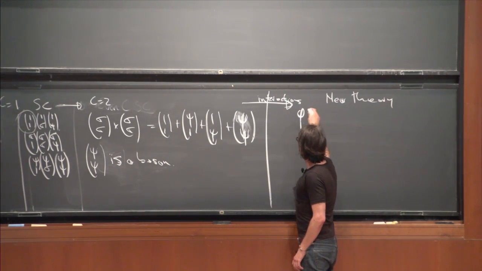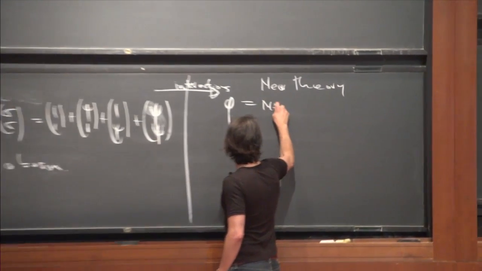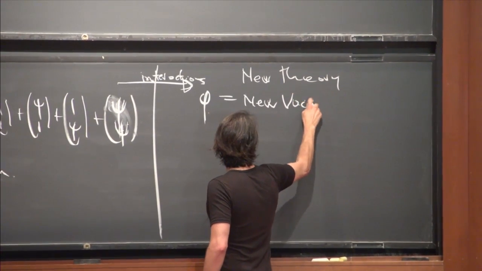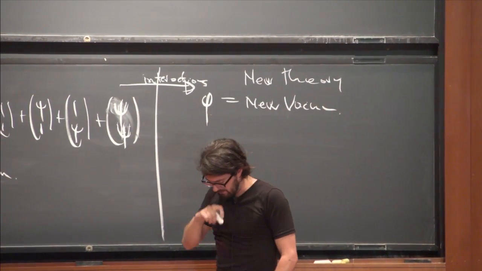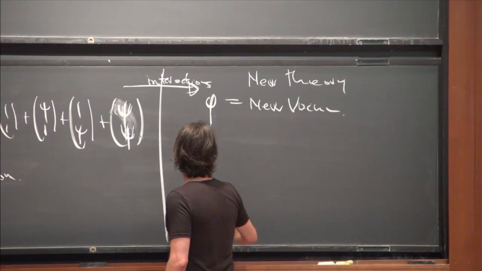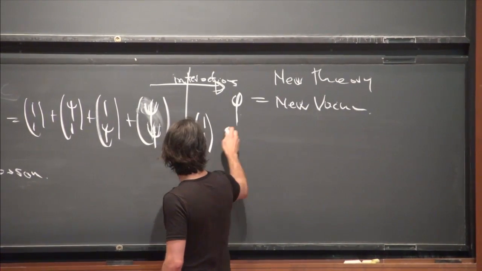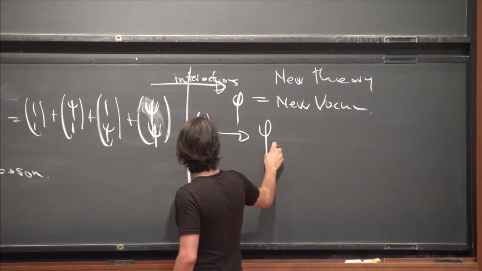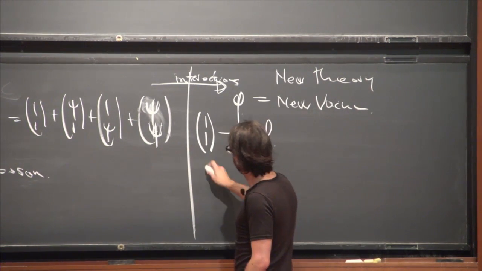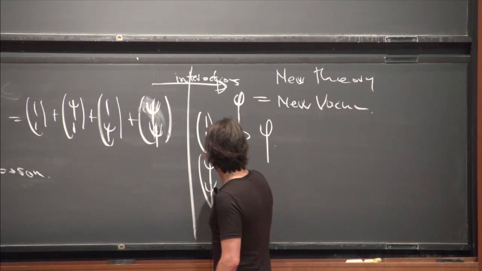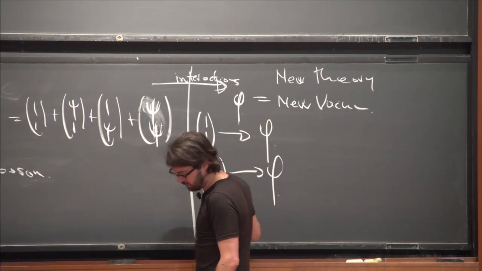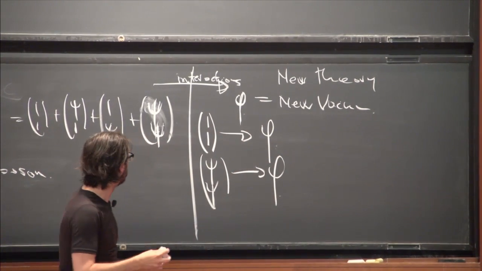The new vacuum is phi, and I have two bosons that I can identify with a vacuum: 1, 1, which was the vacuum in the old theory. Now I'm making a map between these particles and the vacuum, and psi psi, which I also identify with a vacuum.